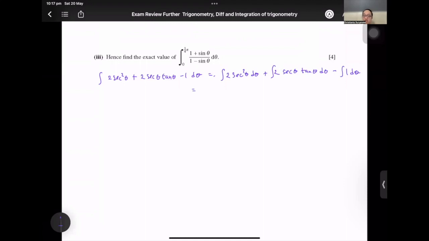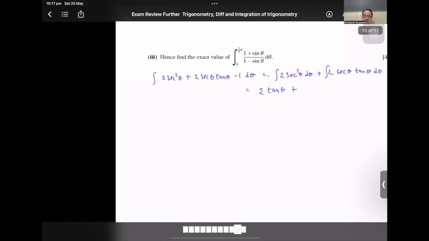Now, integral secant square is tangent theta. So this is 2 tangent theta plus 2 secant theta tangent theta from the previous answer.